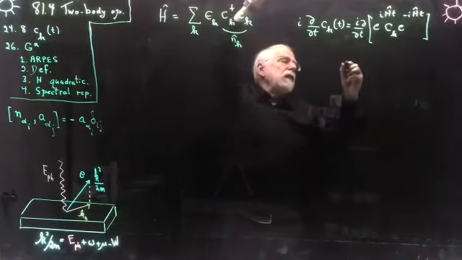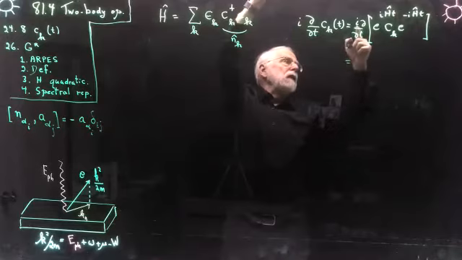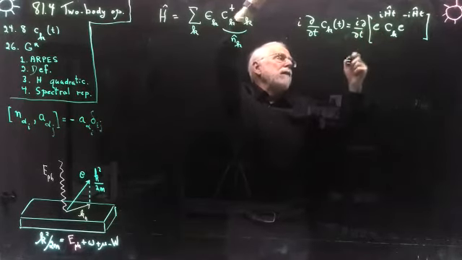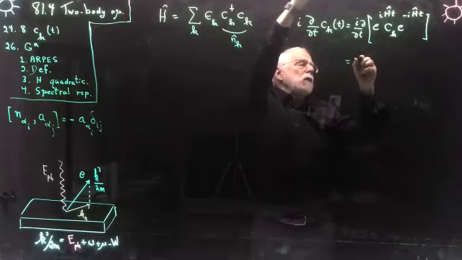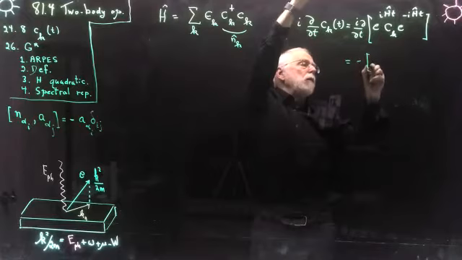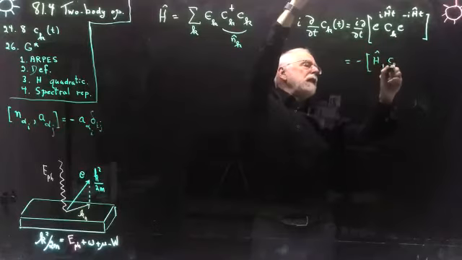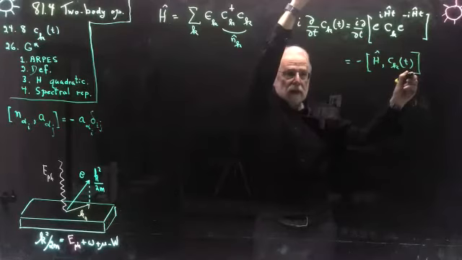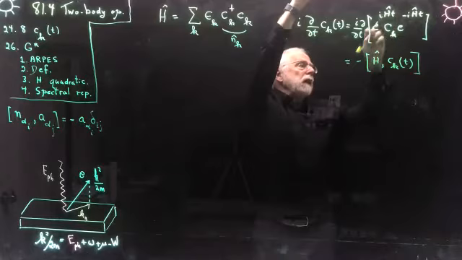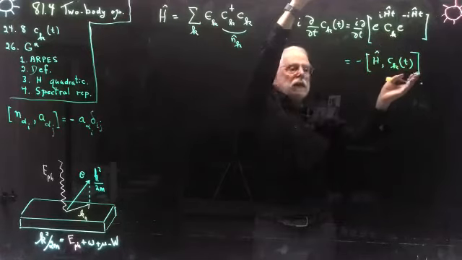If I take the derivative, you see that what I get is i times i is minus 1. So I get minus the commutator of H with ck of t. Because I get this on this side, and then when I differentiate this, I get the H on the other side.